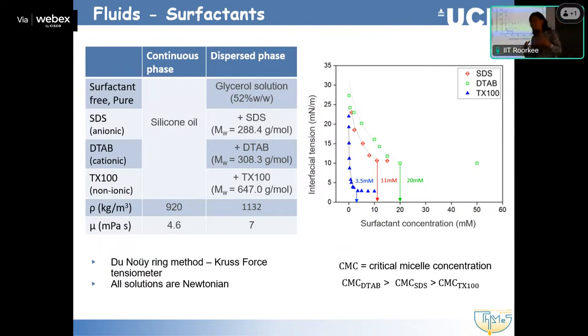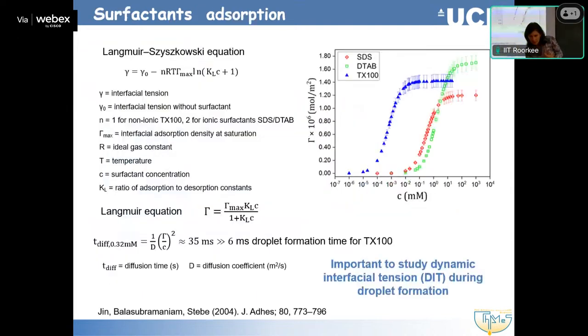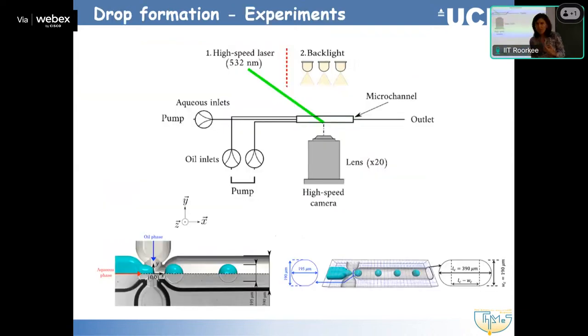This also affects, and it has been shown that it affects, the kinetics of the surfactants moving to the interfaces. I will have quite some equations and results, but this is the concept I would like to convey.